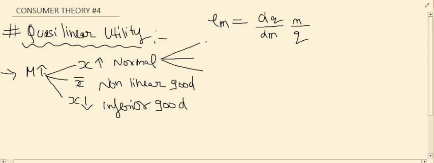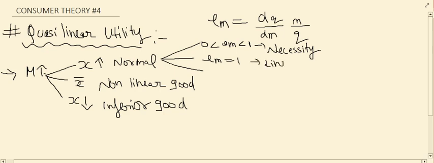Here it can be that our income elasticity is between 0 to 1, that is relatively inelastic demand. This indicates necessity goods. It can be that our income elasticity is equal to 1. We say them to be linear good, same proportion. The proportion by which income increases, demand for X increases in the same proportion. We say it to be linear good. In case it is greater than 1, we say them to be luxury goods.